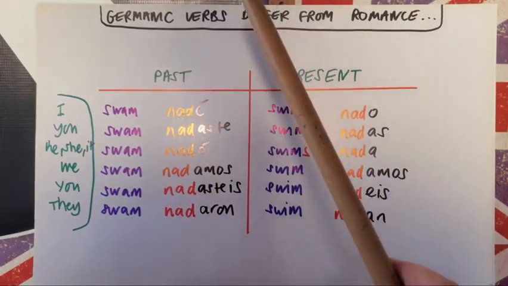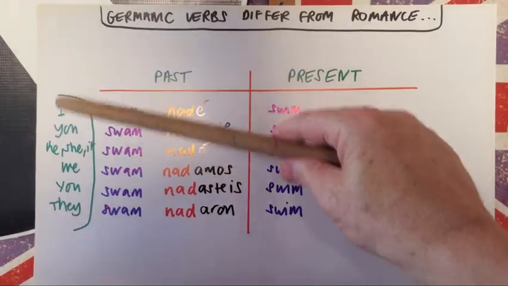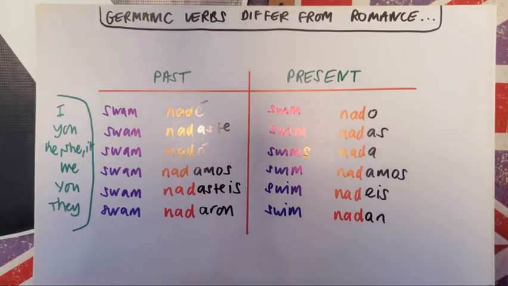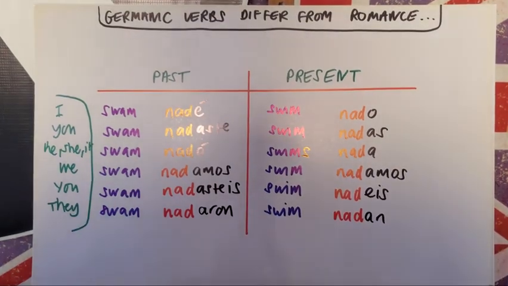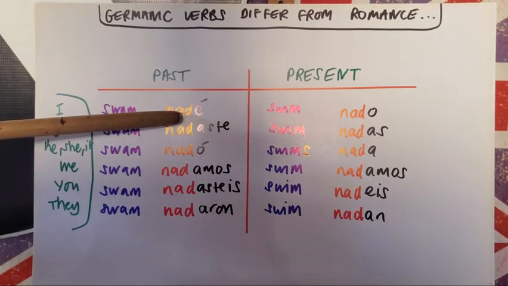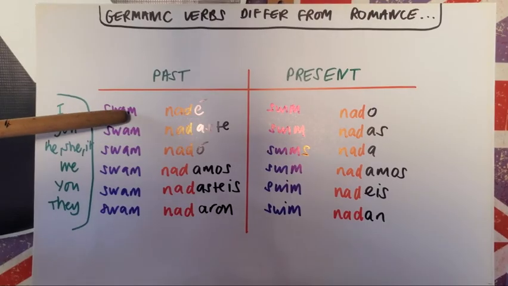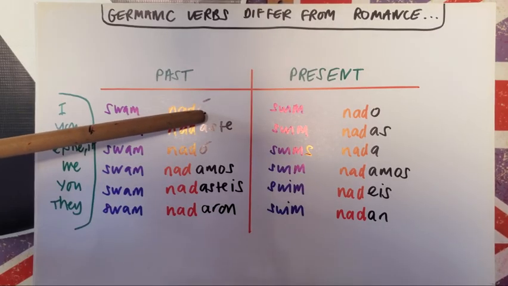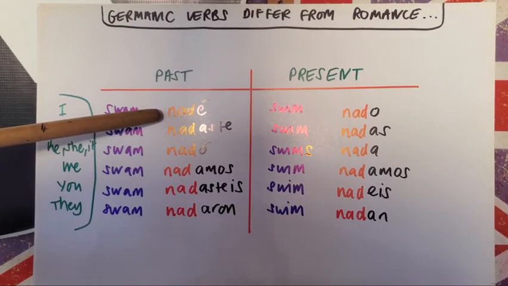In Spanish, you don't need these subject pronouns, so they drop them. And you just say nadé. And you know it's I swam because nadé is the ending for I swam.